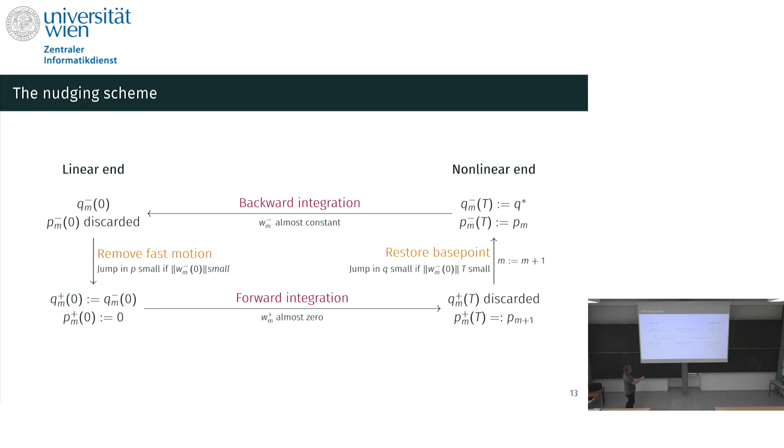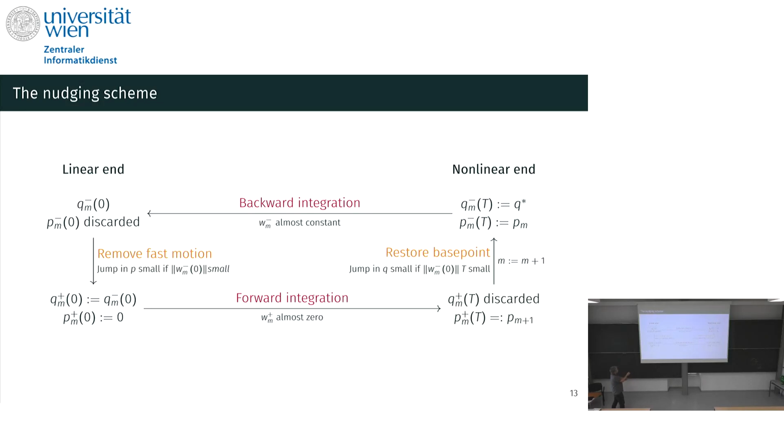And then we go around in the circle, and we can analyze this in terms of the fast variable. For the proof, it's much better not to formulate this in q and p, which is what the numerical algorithm sees, but for the analysis we want to work with q and the fast variable w. And it turns out by these adiabatic invariance proofs that in these integration steps, the fast variable remains almost constant. I mean, there's exponentially small growth, but it's almost constant.